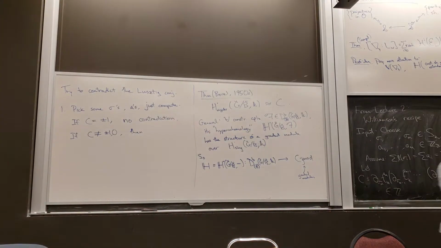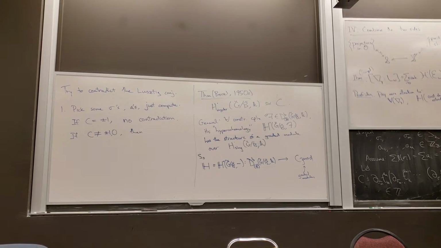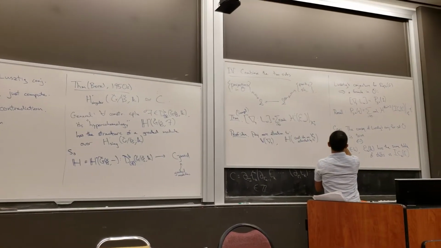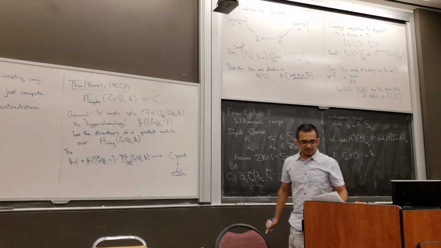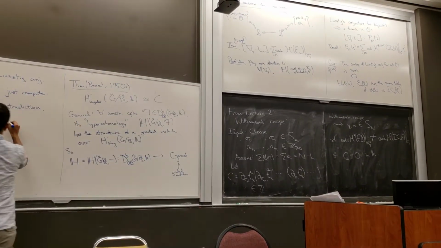You get a contradiction if the characteristic divides that integer. But the characteristic, well, let's go back up here for a second. This corollary is about representation theory. So P has to be bigger than H here.